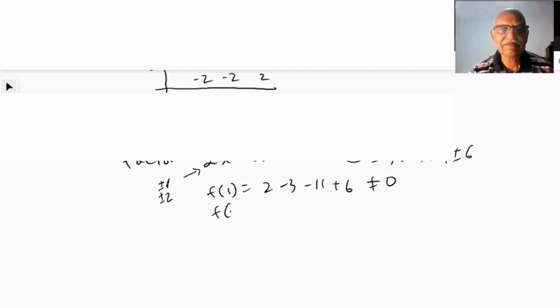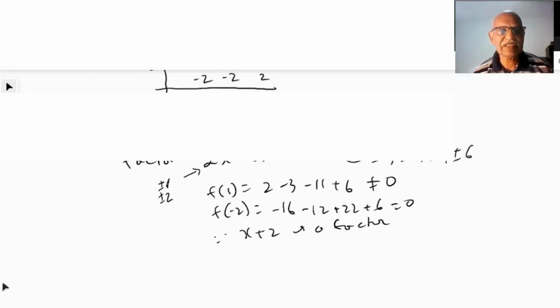If I try f of minus 2, this will be minus 16 minus 12 plus 22 plus 6. 28 minus 28 is 0. Therefore, x plus 2 is a factor.